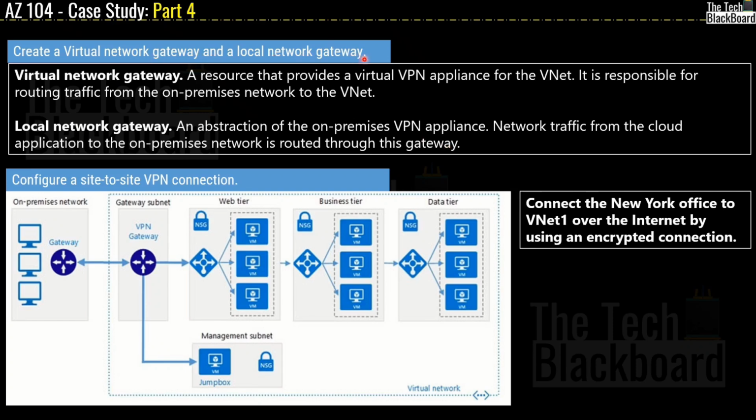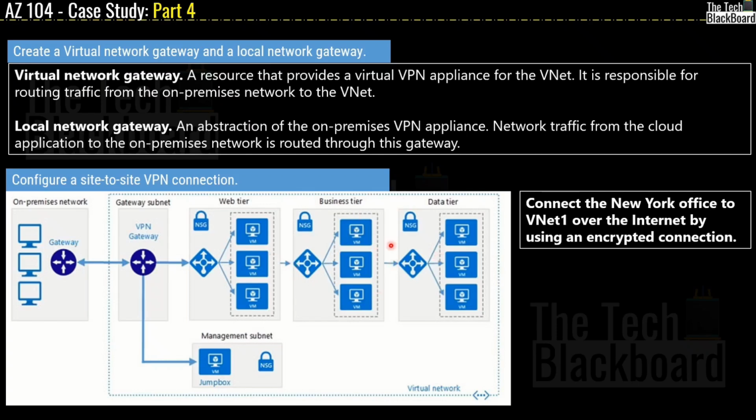Moving on to the second part of the question, where we chose configure a site-to-site VPN connection. And friends, here I have given a picture which shows you different tiers, but this picture is not exactly related to our answer. This is just to make you understand how to connect between an on-premises network and a network in the Azure cloud.